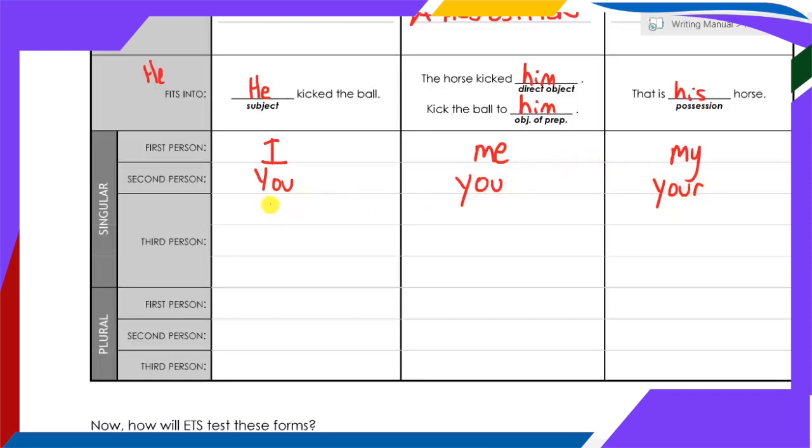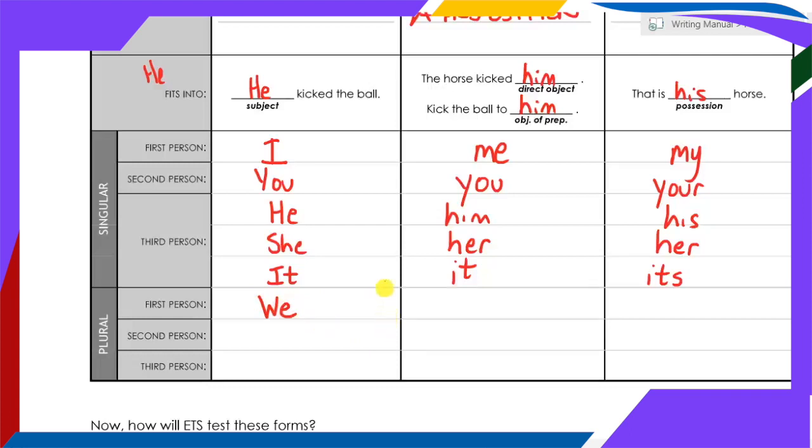Third person singular subject, we've got three of them. We have he, we have she, we have it. And then going across, the horse kicked him, the horse kicked her, the horse kicked it. And then in the possession column, we have that is his horse, that is her horse, that is its horse. I guess the horse could belong to another animal. Now, in the first person plural subject case, we have we. We kicked the ball.